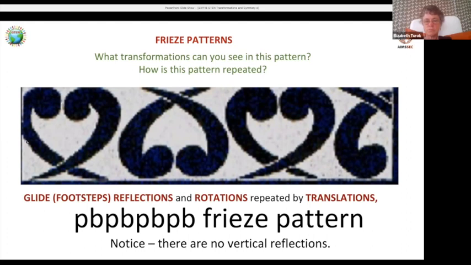There's a glide reflection that takes this bit of pattern, turning it upside down, reflecting it and moving it along. That's like taking the two letters P and B, where you see that P and B are reflections of each other. If you reflect a P in a horizontal line, you get a B, and then if you reflect it back again, you get another P. So the glide reflection is PB, PB, PB, and that's the pattern you've got there.